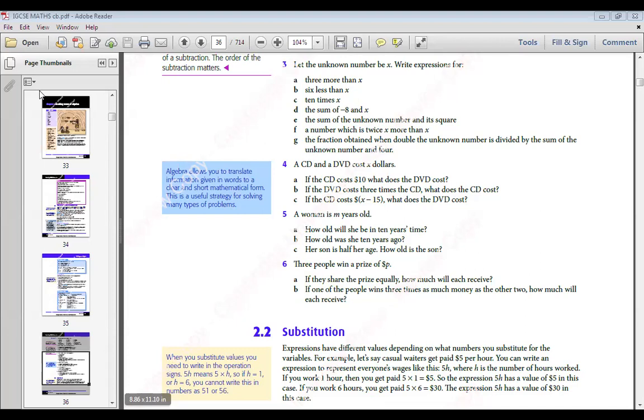Here it is given, the cost of the CD is $10. So the CD plus DVD together cost X dollars. This is dollar sign of X, and the CD is $10.